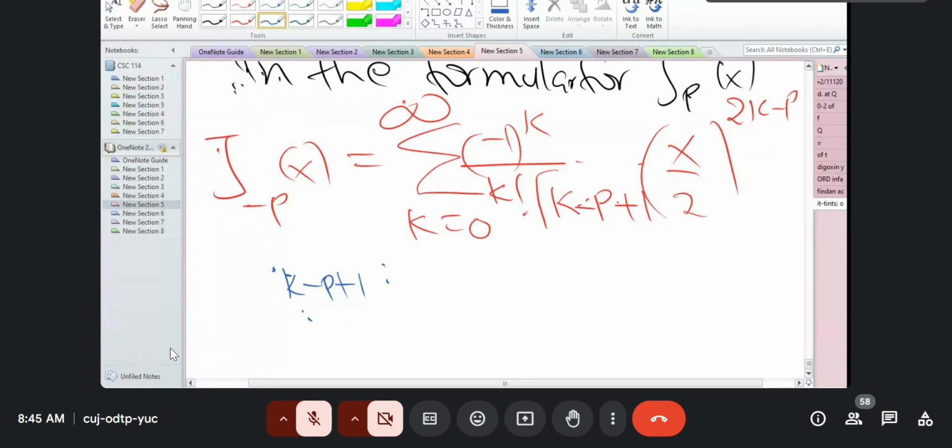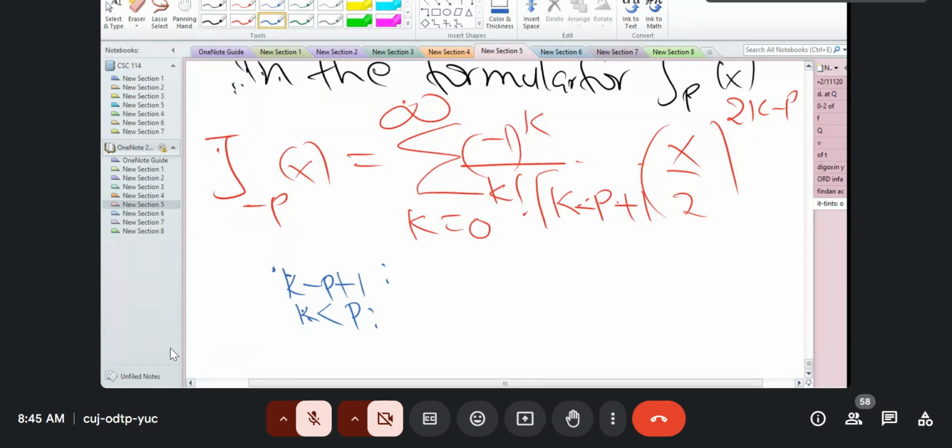What happens to the case when k is less than p? If k is less than p, or p is greater than k, then k minus p will be negative plus 1. You still have a negative, but we require that the argument of the gamma function should be greater than 0.